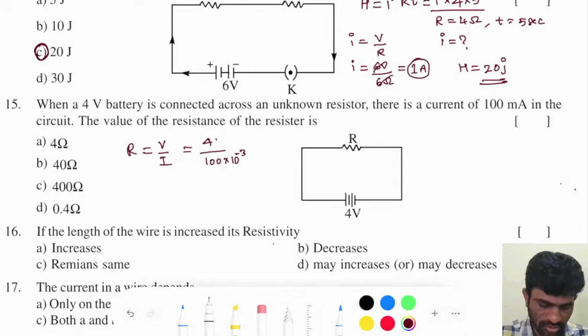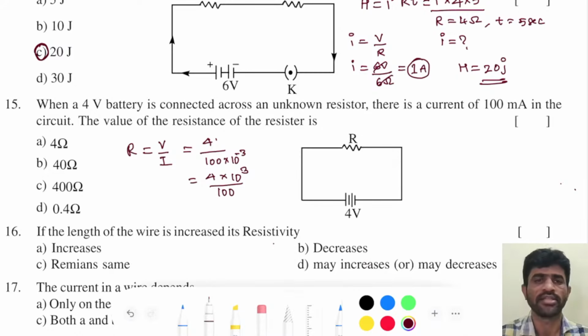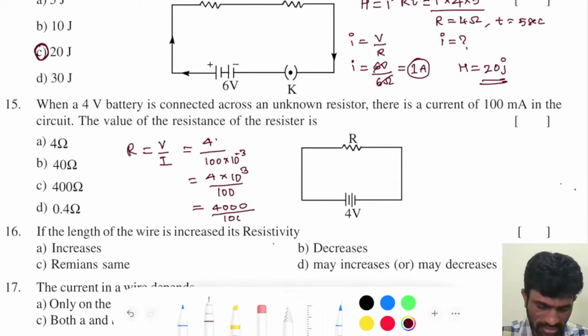So it is going to be 4 into 10 to the power of plus 3 by 100. This 10 to the power of minus 3, if it goes up, will become positive. 4 into 10 to the power of 3 is 4000, by 100. So it is 40 ohms.